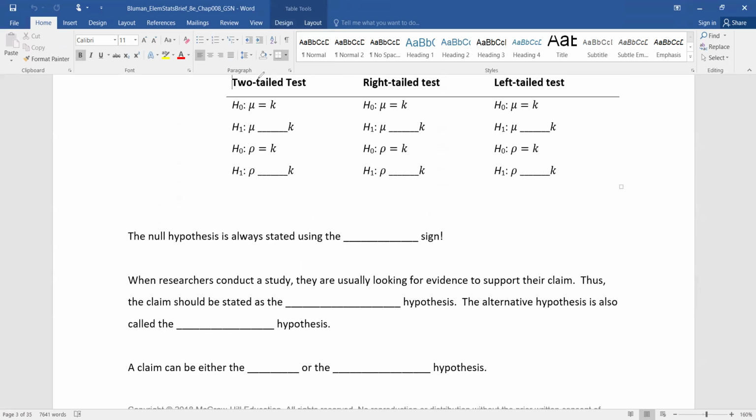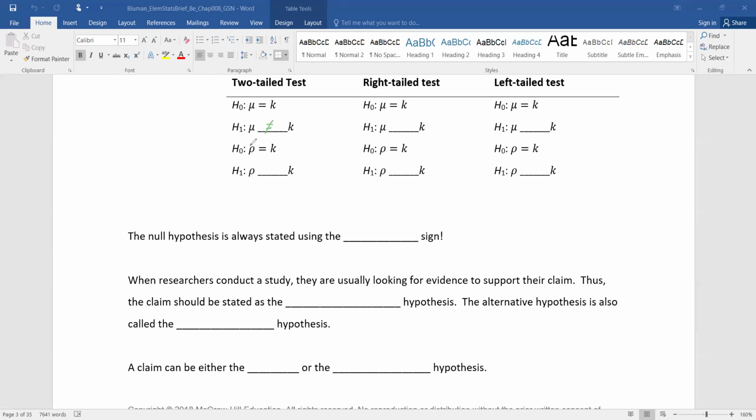So again, a two-tailed test would basically be anything that states that the null hypothesis is equal to something, but the alternative hypothesis is not equal to something. And then we could look at, I want to say this deals with probability.